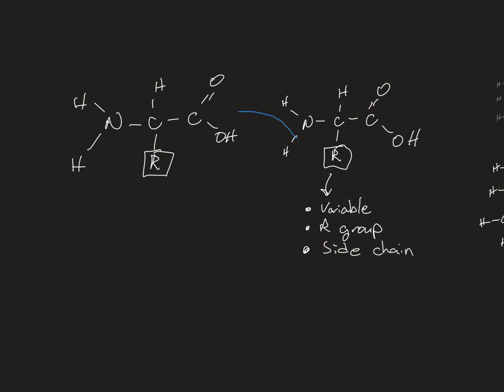Take the hydrogen off one, OH off the other, and off comes water. Now they're linked by a peptide bond. Do that multiple times, you have a polypeptide. Over and over again. Are we good with this?